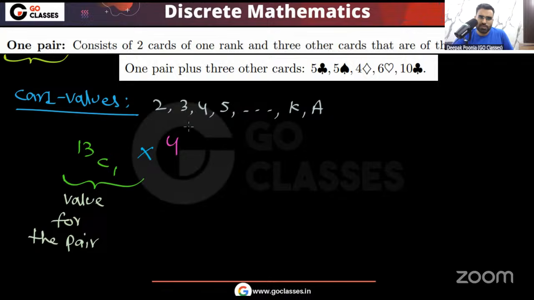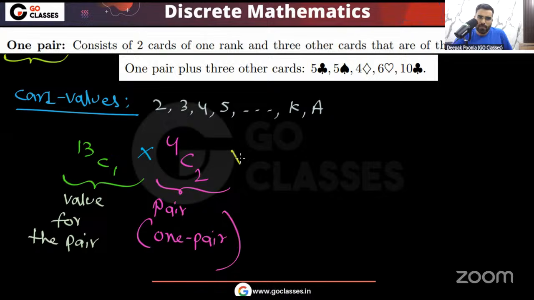So once you have chosen the value for the pair, then for that value I need two cards. For that value total we have four cards, so I need to choose only two cards. Now this is the one pair that we wanted.